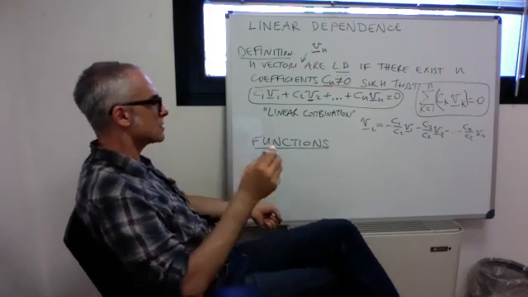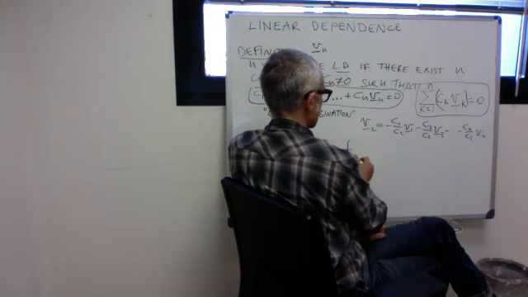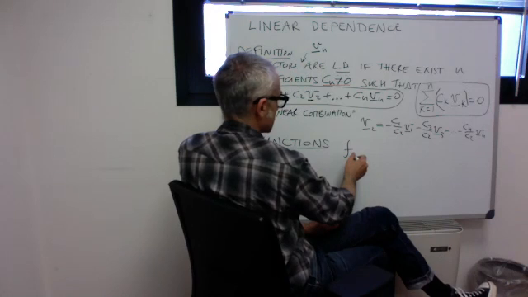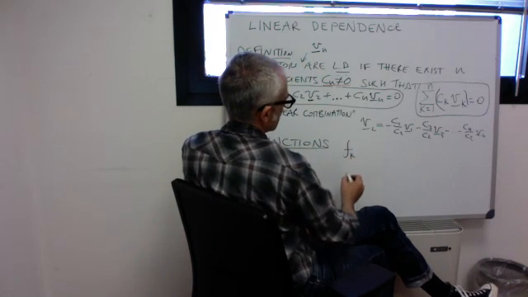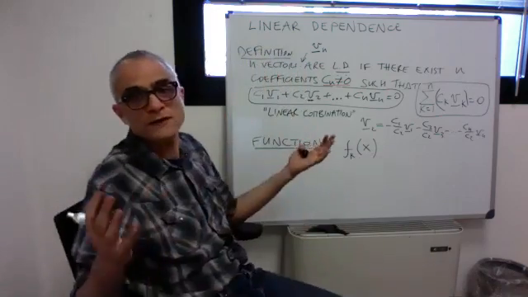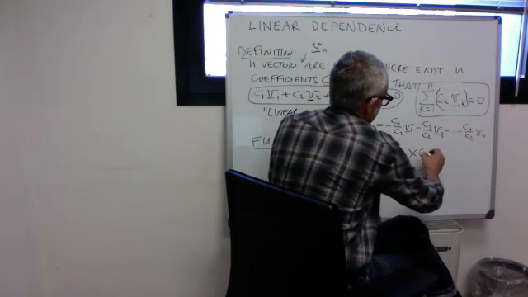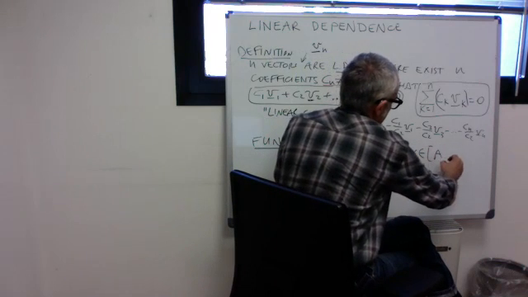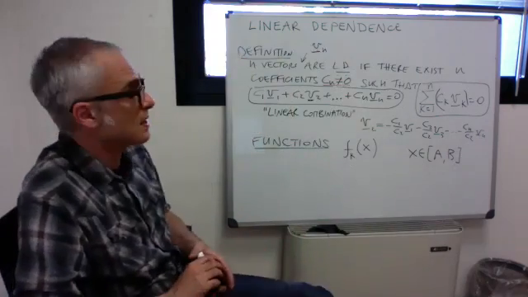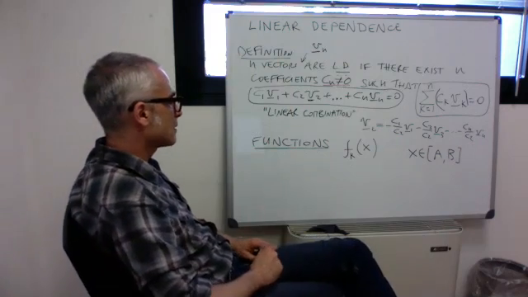And the definition is exactly the same. Imagine that you have a set of functions. I'm going to use the letter F to denote them, and again an index K, defined on some portion of space. So X is between some extremes A and B. We always stay in one dimension for now to keep it simple.